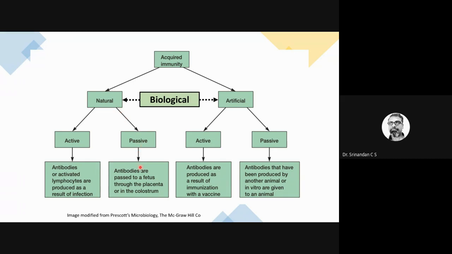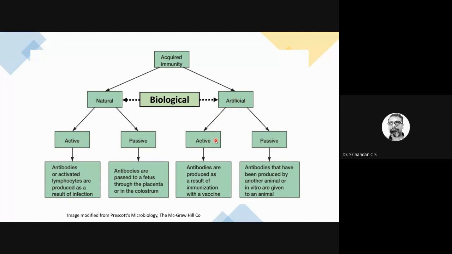Passive, for example, as I told you, IgG or IgA in secretions pass on to the babies. The baby is not producing the antibody, whereas the mother is giving the antibody, so it is passive for the baby. Then there is also artificial biological immunity.